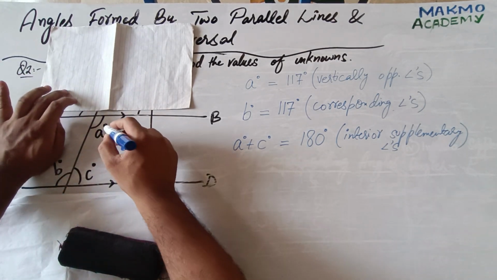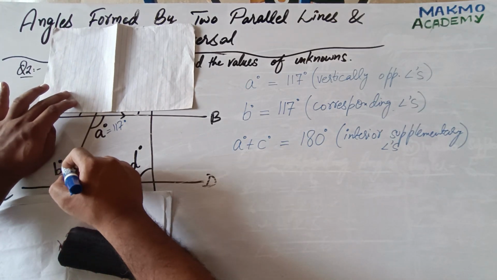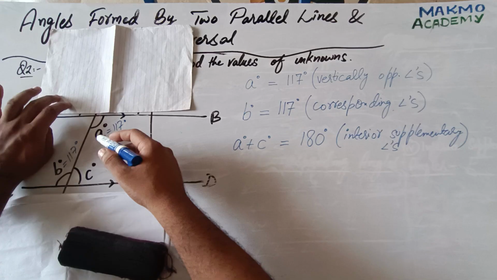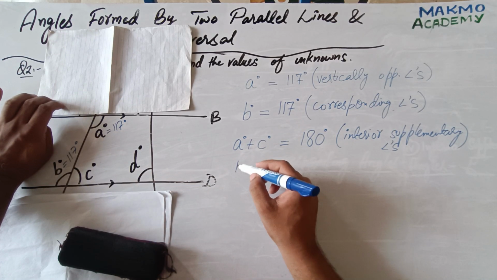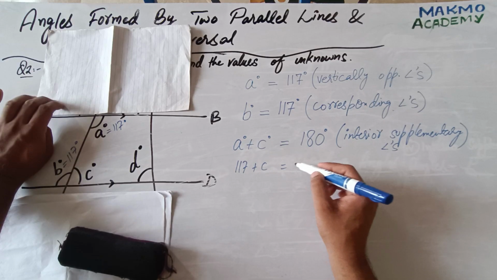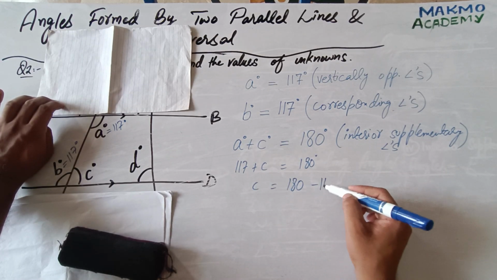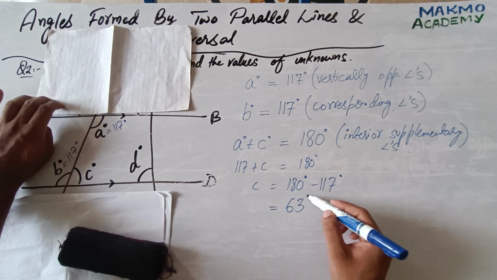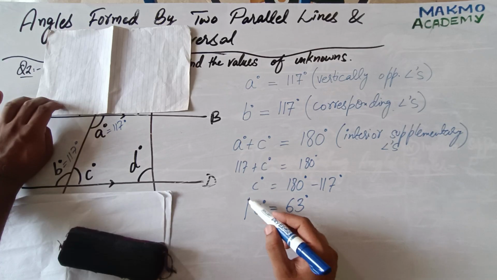We know the size of angle A, which is 117 degrees, and we know the size of B as well, which is also equal to 117 degrees. So 117 plus C is equal to 180 degrees, then C is equal to 180 minus 117 degrees. So the final answer, the size of the angle C, is equal to 63 degrees.